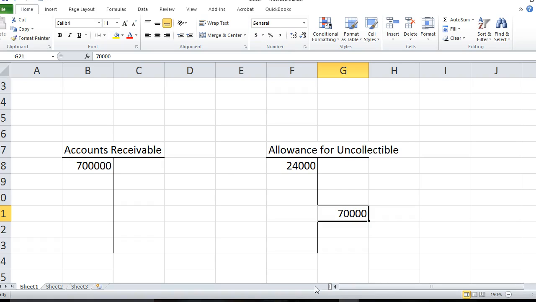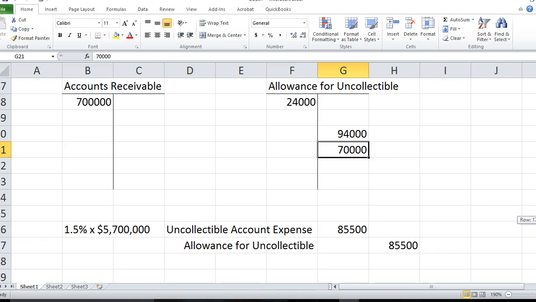Wouldn't we need to make a journal entry, uncollectible accounts expense for $94,000 and an allowance for uncollectibles of $94,000 to get our $70,000 credit? Does that make sense? So we would want $94,000 in order to end up with our $70,000 credit balance.